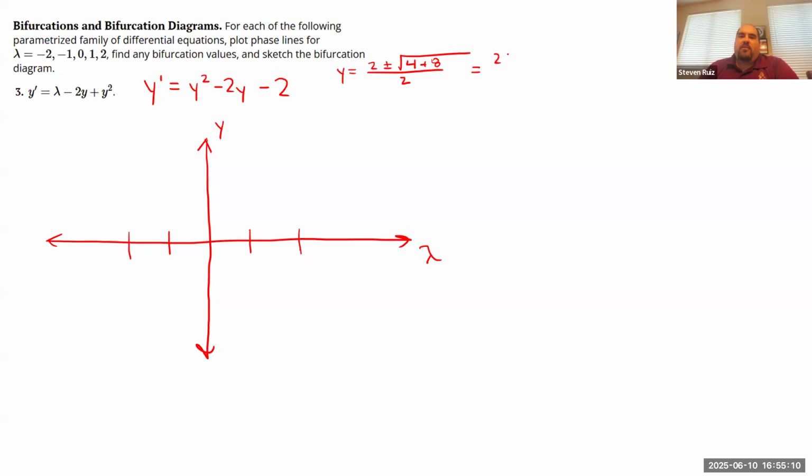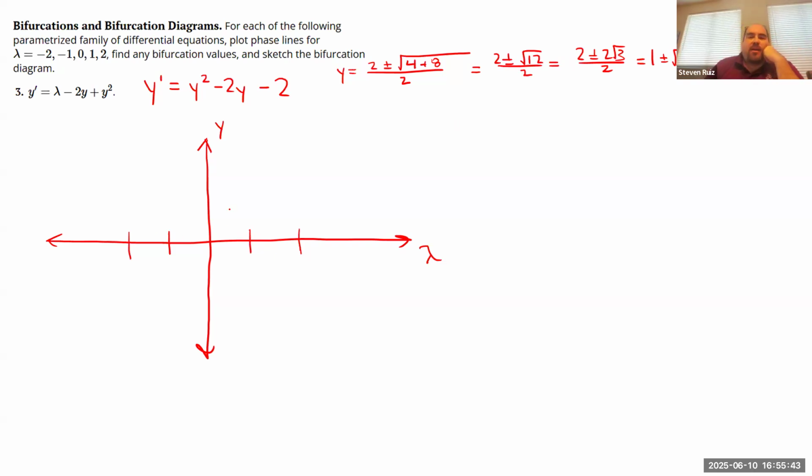So I get 2 plus or minus the square root of 12 over 2. I can reduce radical 12 as 2 times 2 times 3. So 2 plus or minus 2 radical 3 over 2. So finally, 1 plus or minus radical 3. So this tells me I have equilibrium points at those two places.